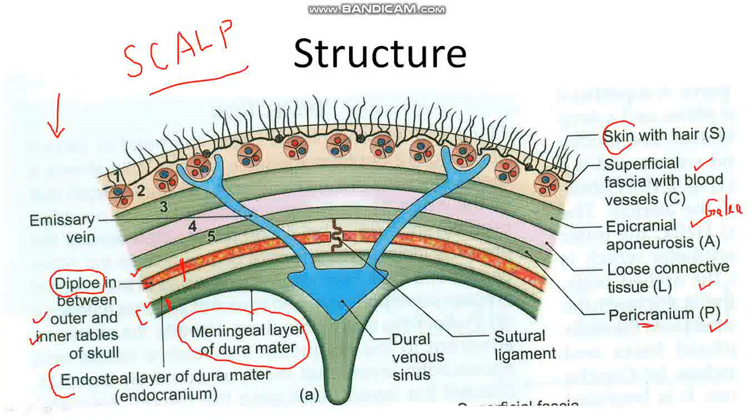First, the skin. The skin has hair follicles with sebaceous glands, as well as sweat glands. That's why sebaceous cysts are common in the region of the scalp.